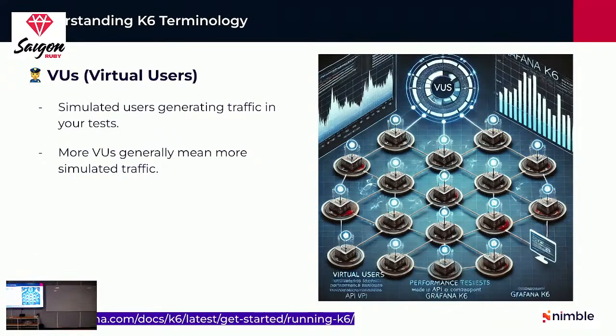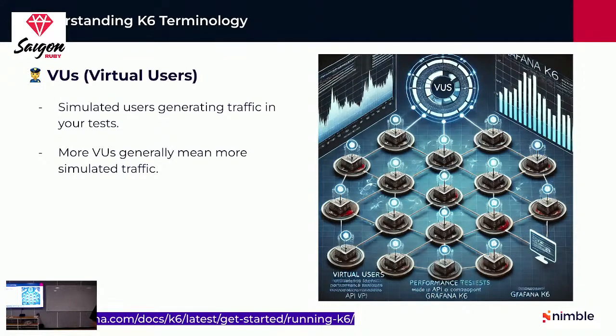And before we move on to the main topic, we should be clear on the basic terminology, so it won't confuse you later. We have here VUs, meaning virtual users. Think of them as simulated users generating traffic to our application, and more VUs mean more simulated traffic.